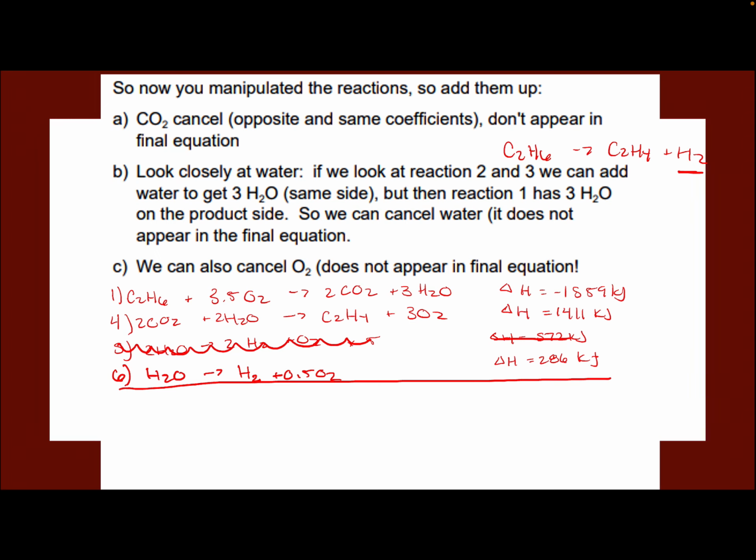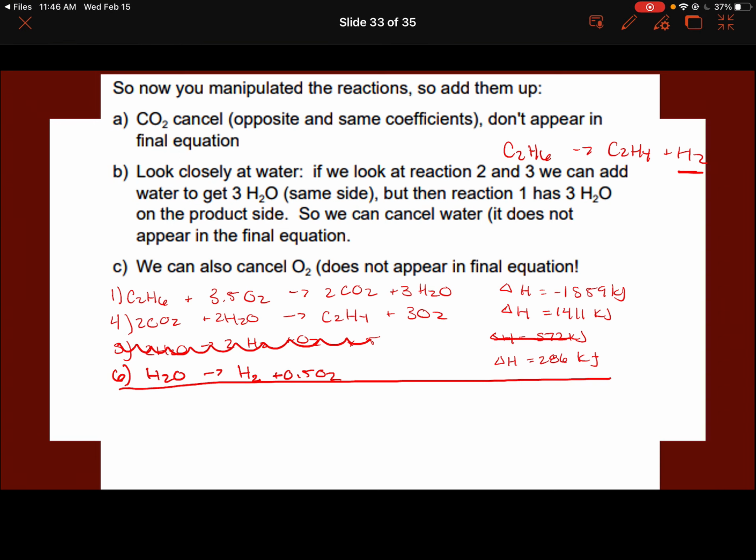So now we're going to add all of these up. Given all this information, we're going to add everything up now. So based off this information, we had our C2H6, that was from the beginning here. Comparing everything else, what we can do is start crossing things off.